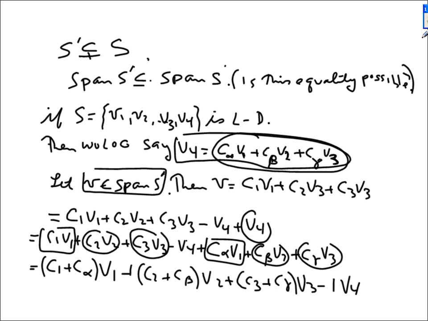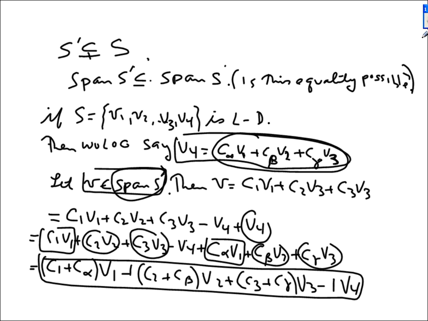Okay, so V is in the span of S prime. But anything that looks like this, a multiple of V1 plus a multiple of V2 plus a multiple of V3 plus a multiple of V4, must be in the span of S. So once I show it both ways, I'm done. Therefore, the span of S prime is equal to the span of S.